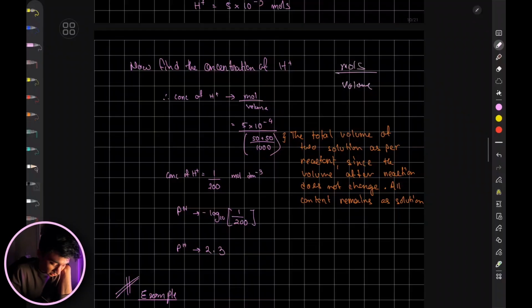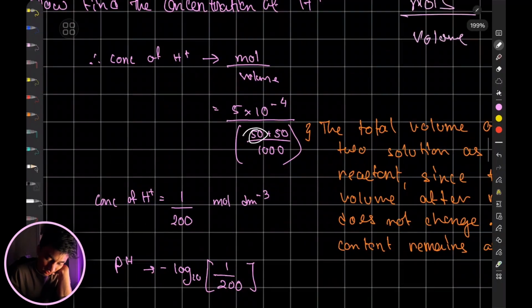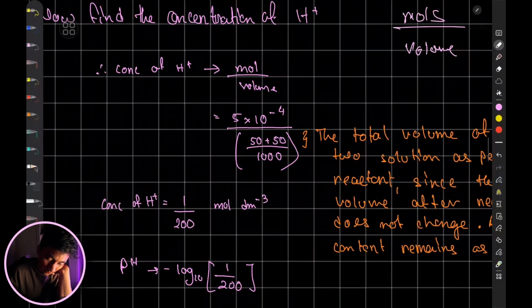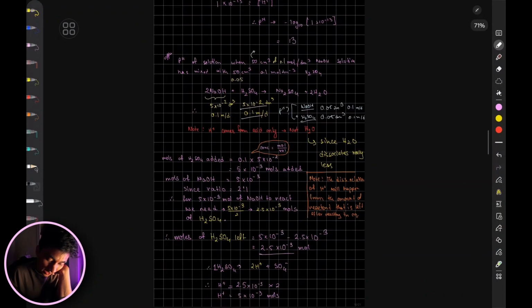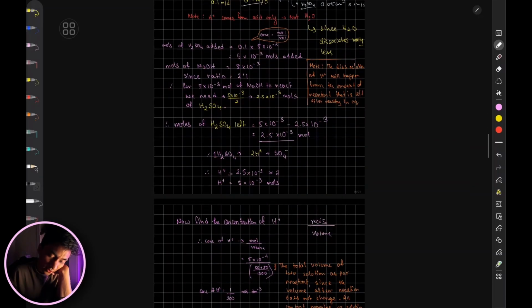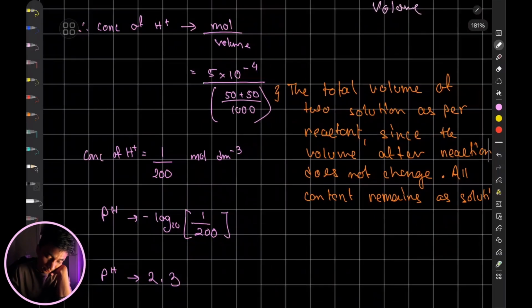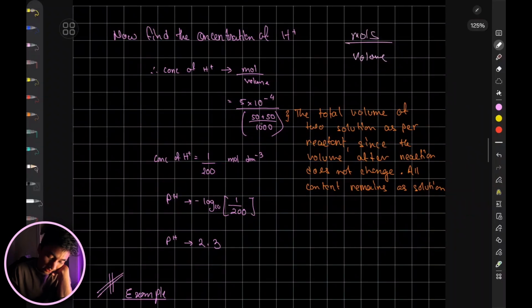You take the moles, 5 into 10 to the power minus 3, divided by the volume. So you have 50 cm cube of NaOH and 50 cm cube of H2SO4. Divide by 1000 to convert to dm cube.